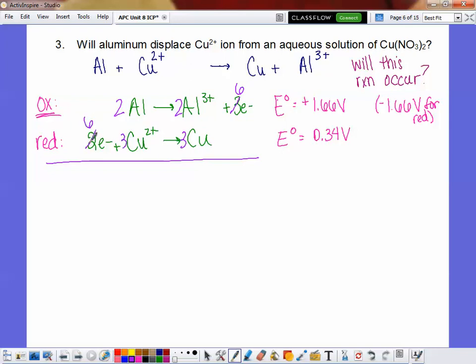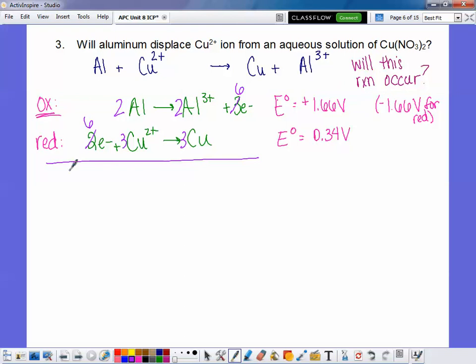But the beauty of this, and this is where students most often make mistakes, when you're balancing the half reactions out and you're recombining, when you multiply the equation by coefficients, you don't change the E, the voltage. You don't multiply the cell or the electron potential for those two things. Okay, you leave it as is.